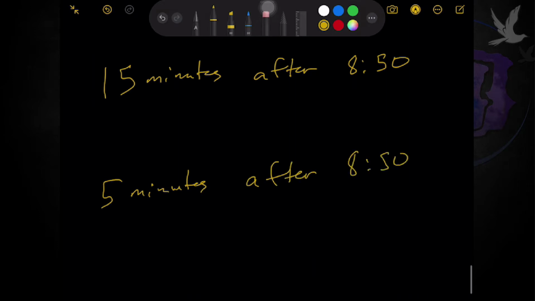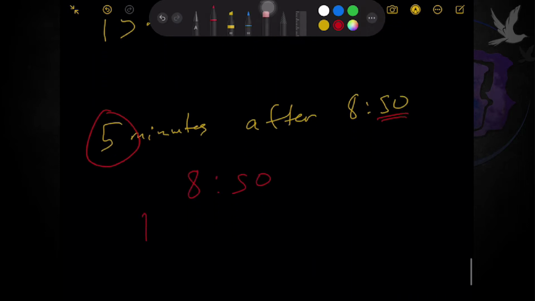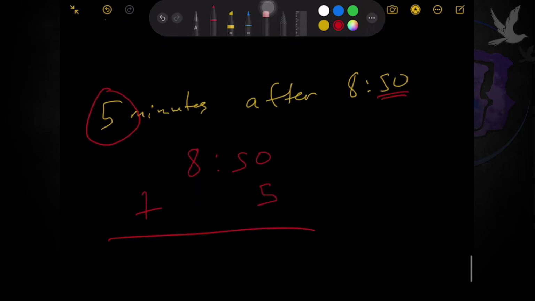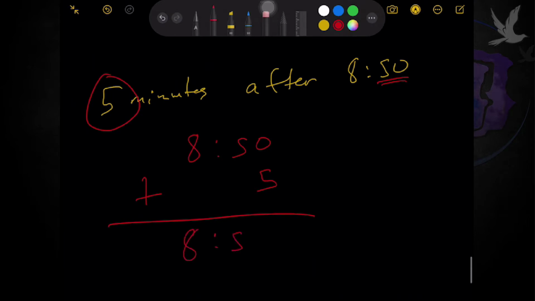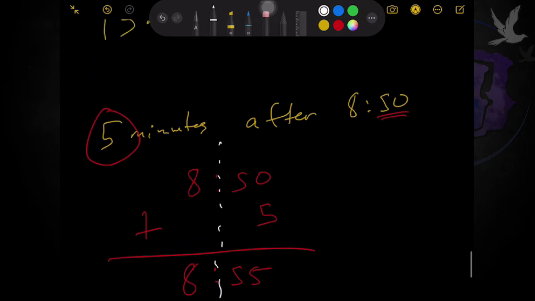Okay, para mas makita nyo yung difference. So basically, all you need to do is just to add 5 sa minutes na yan. So that's 8:50 plus 5. This will basically give you 8:55. Okay, just to let you know that you cannot add minutes and hours. So dapat there should be a barrier here. Okay, that separates things. So in this case, we will end up with an 8:55.